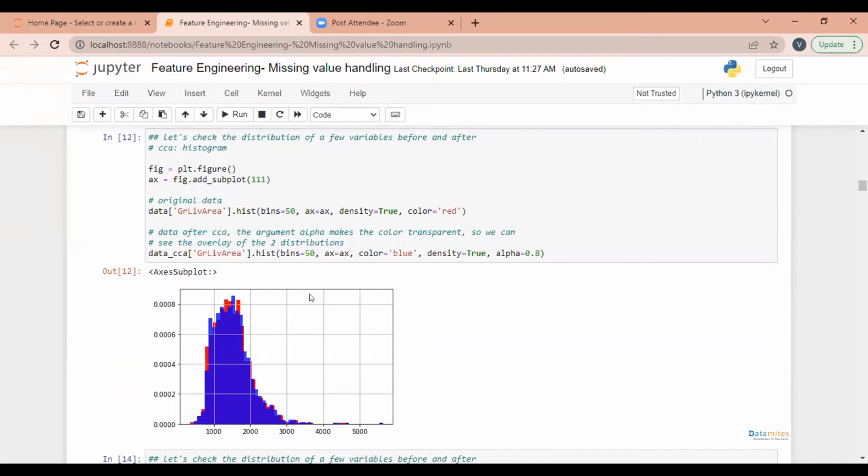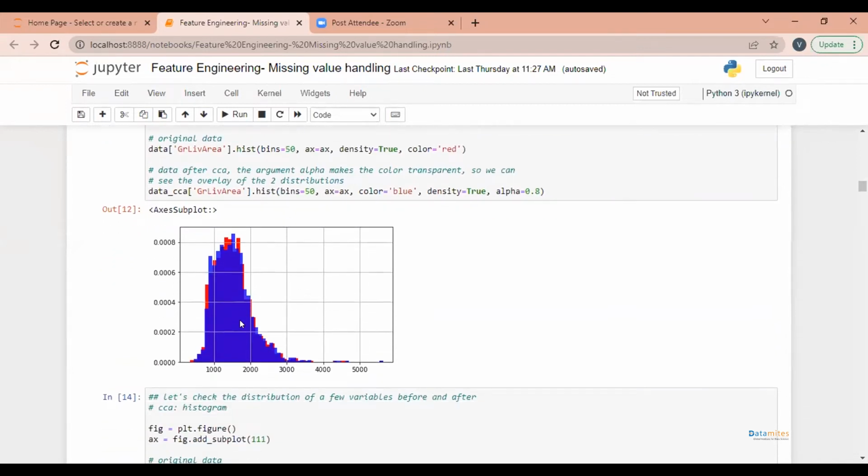We are comparing the histogram of this feature before CCA and after CCA. The red color is before CCA and the blue color is after CCA. If we see the distribution, they seem to be overlapping a lot. And we can see that we have only removed around 48 rows out of the 1460 observations we had.